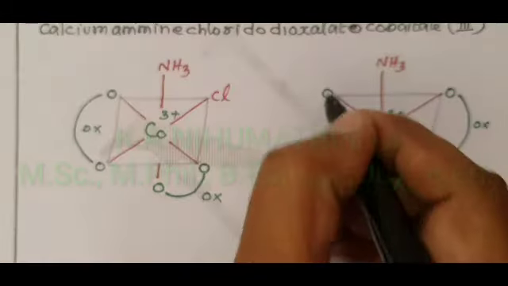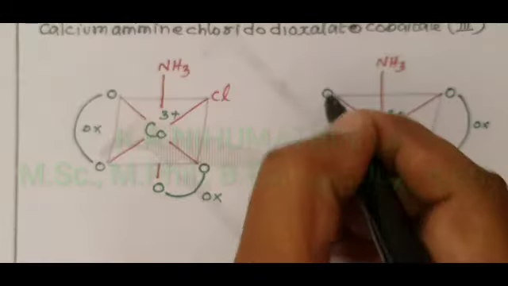Now we are going to draw the optical isomers of cis and trans. Which one is optically active, whether cis or trans? Now I take an example of the cis isomer. Cobalt 3 plus ion at the center.